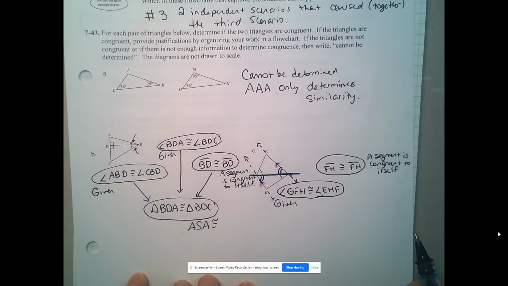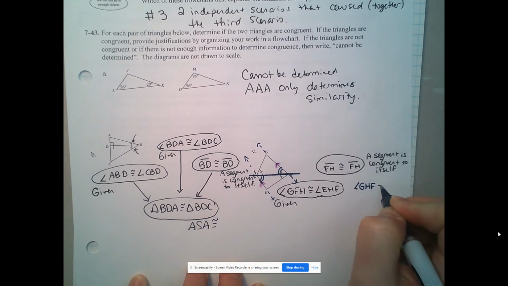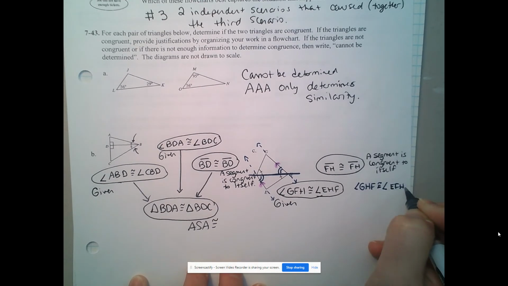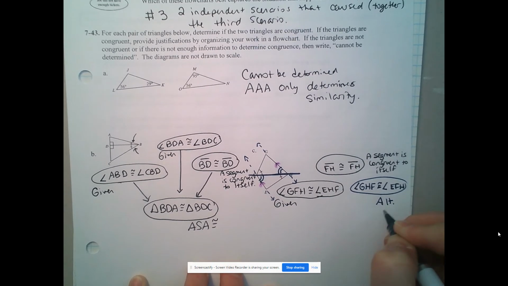And this one's going to take a bit to recall, to sort of pull back from 8th grade. We would say angle GHF is congruent to angle EFH. And that's by alternate interior angles.